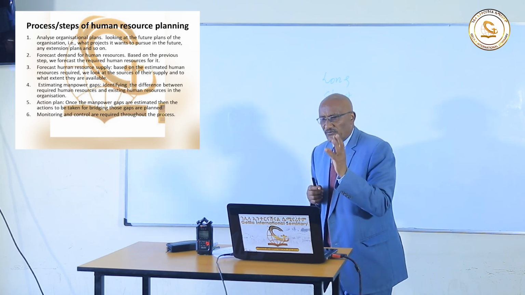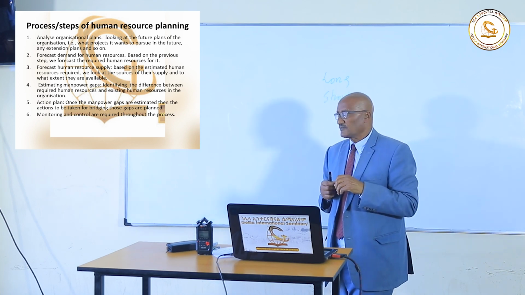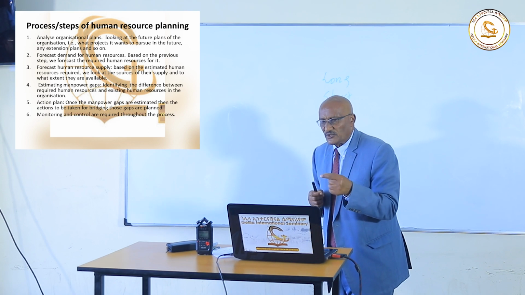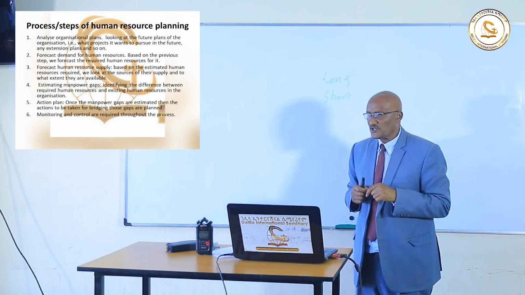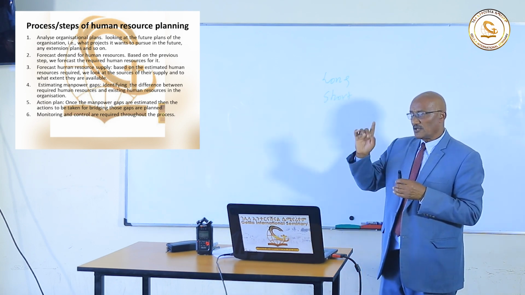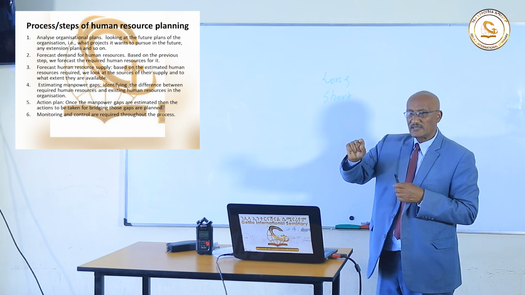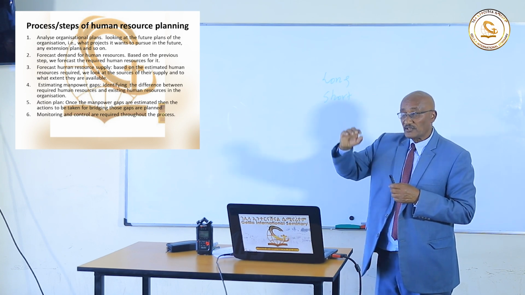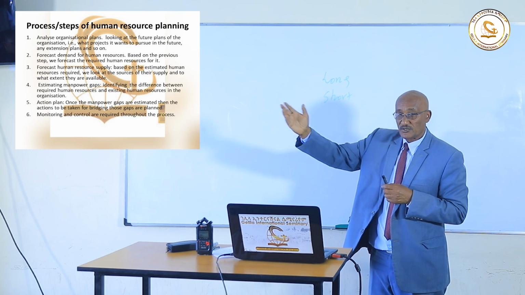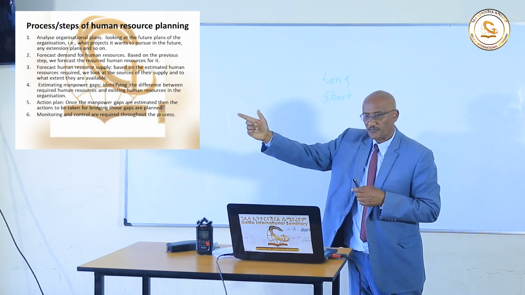This is looking at the future plans of the organization, what projects it wants to pursue in the future. Looking at plan is always future oriented. So you have to see the future.